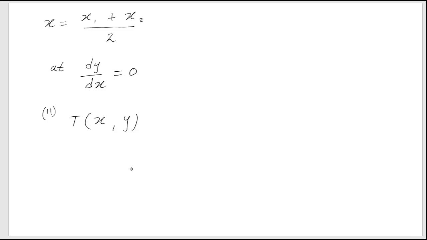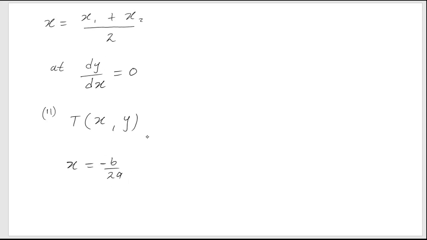The x coordinate is found using the formula we've seen. You can use negative b over 2a. That is how you find the x coordinate, and in this case, we've already found it.